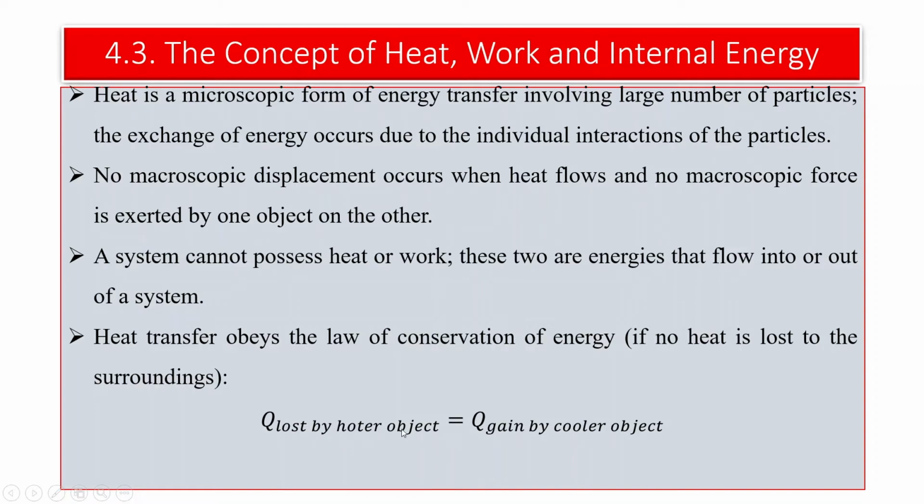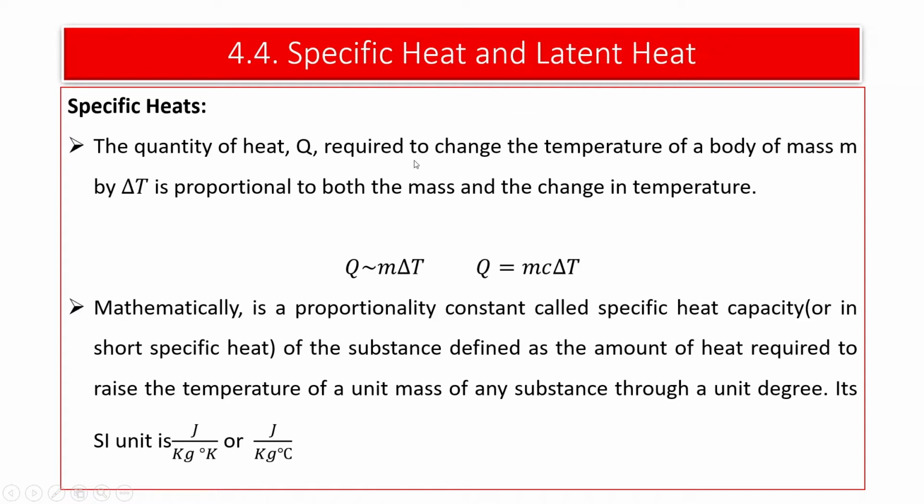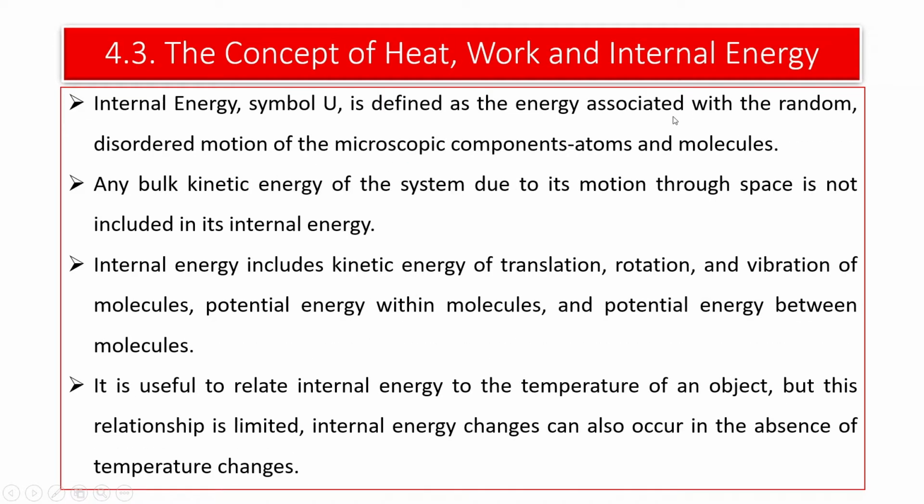Now let's go to the next one. The other concept we need to consider here is internal energy. Internal energy is defined as the energy associated with the random, disordered motion of the microscopic components of atoms and molecules. Whenever we say bulk kinetic energy, it considers the motion of bulk matter.